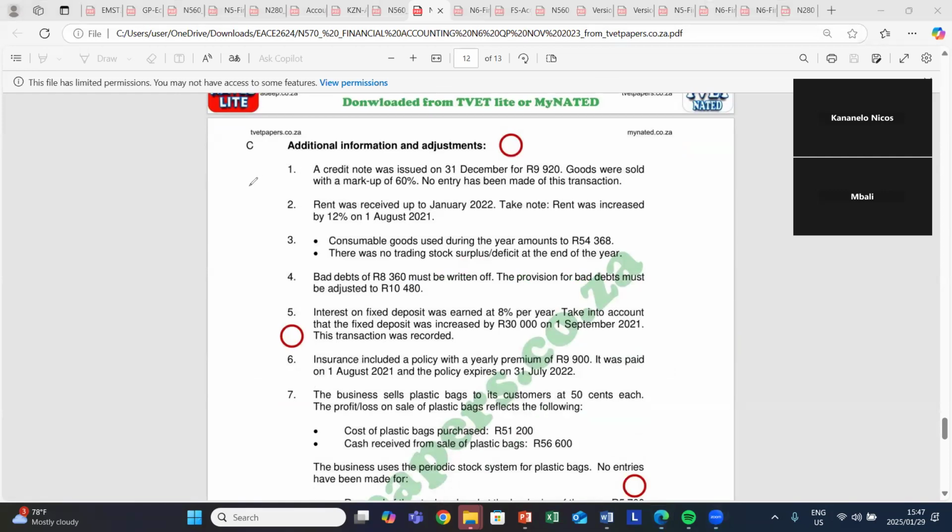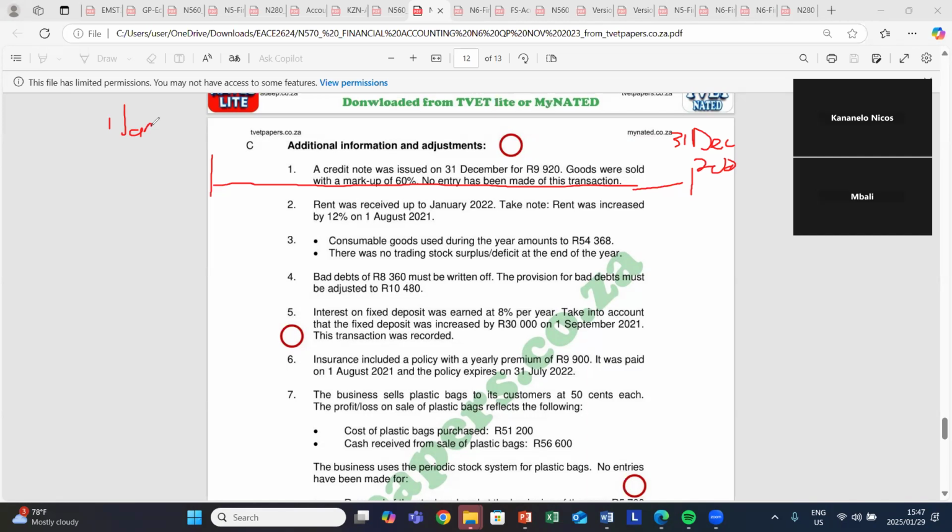Let me show you. When does our financial year begin? So it begins on the 1st of January. Okay, let's read our transaction again.